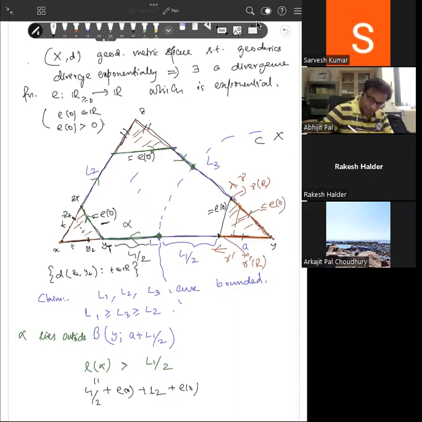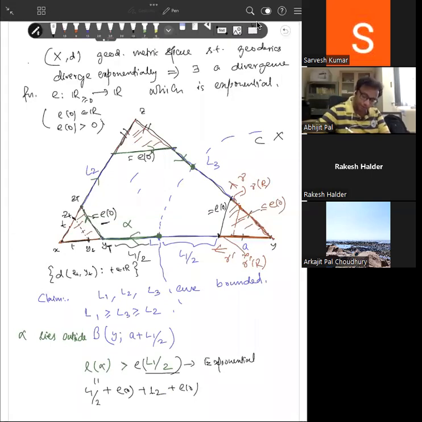Sorry, the length of alpha is E of L1 by 2, right? Not just L1 by 2. E of L1 by 2, so this right hand side is exponential. I made this mistake. So the length of alpha is this E of L1 by 2.